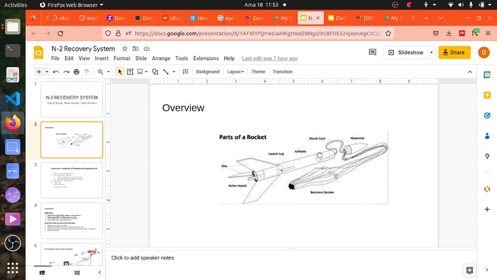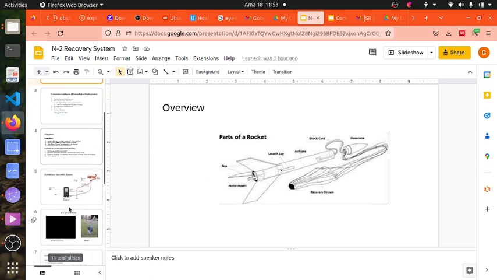Try to visualize the chambers, the parachute bay. The hot gases will expel the nose cone, push it out, and also push the contents of the parachute bay out. Then the parachute will be exposed to air, and it will fill up into our working parachute. So that is what happens.